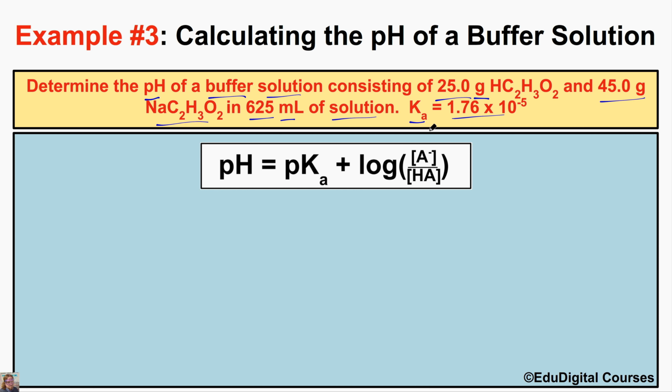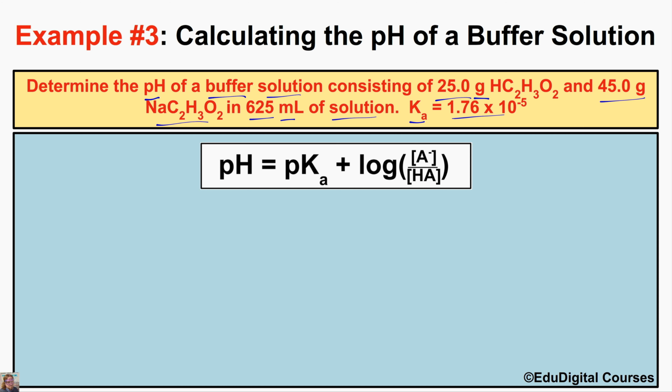And so what makes this problem different than the example we did in number 1 is that we're given the mass of our weak acid and we're given the mass of our conjugate base that's bonded to this metallic ion right here.